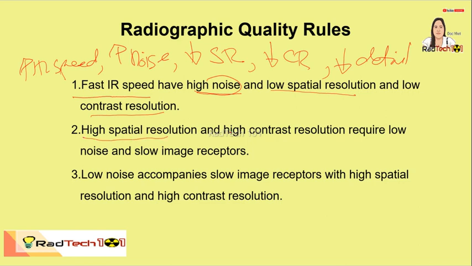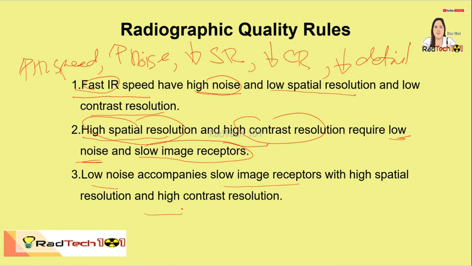High spatial resolution and high contrast resolution, so para makapag-produce tayo ng high spatial resolution and high contrast resolution, kailangan i-minimize natin yung noise. Kung syempre, dahil noise is caused by fast speed IR, so syempre, gagamit tayo ng slow speed IR. So para high contrast and spatial resolution and low noise. Low noise accompanies low speed image receptors with high spatial resolution and high contrast resolution.